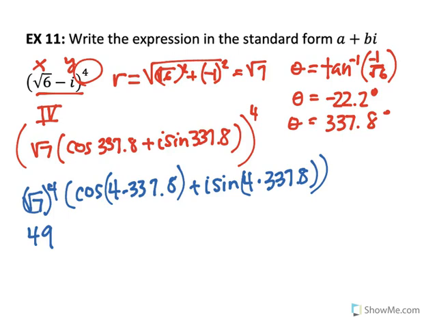And then when I multiply 4 times that 337.8, I get 1351.2 degrees.